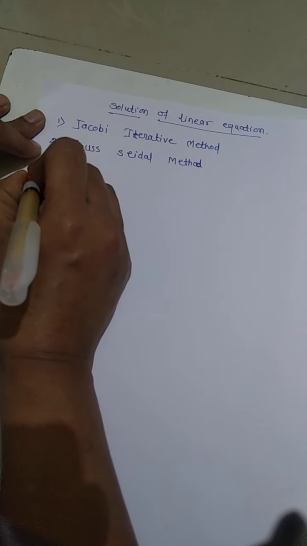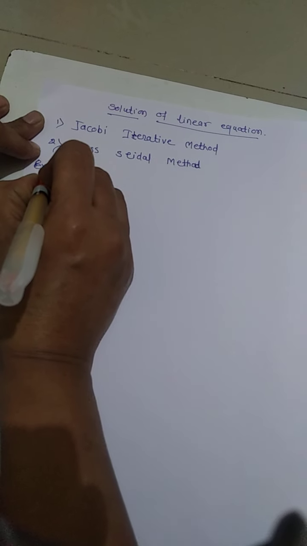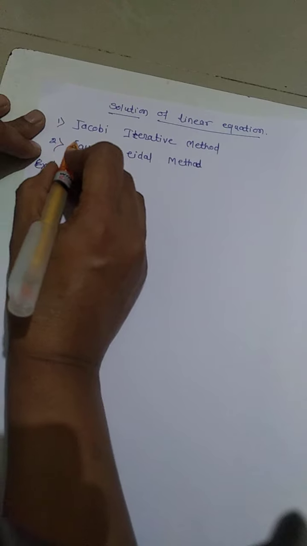First, we see the example of Jacobian iterative method.